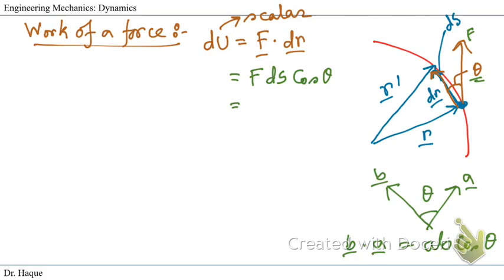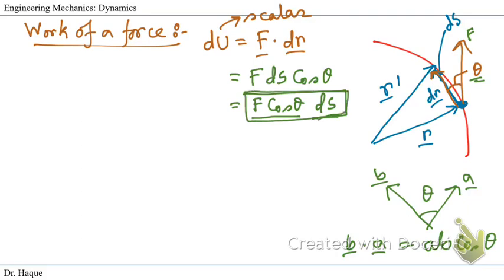If we write F cos theta multiplied by ds, what it means is that F cos theta is the component of force along the direction of displacement ds. These are all scalars: the magnitudes of F cos theta and ds.